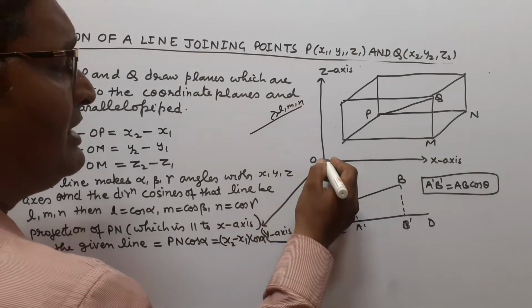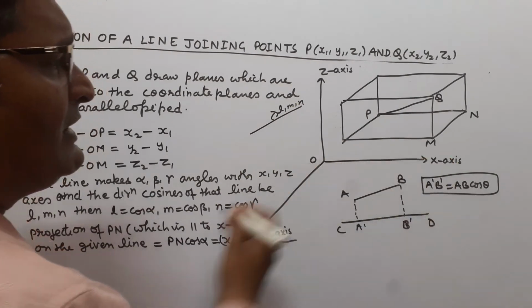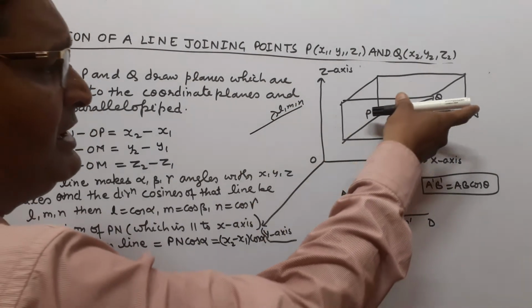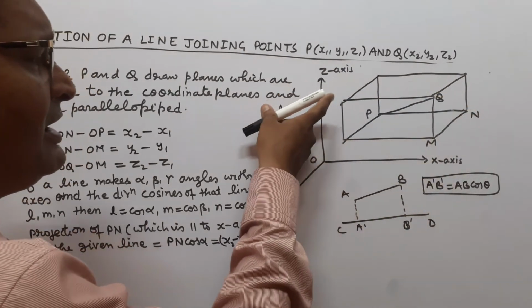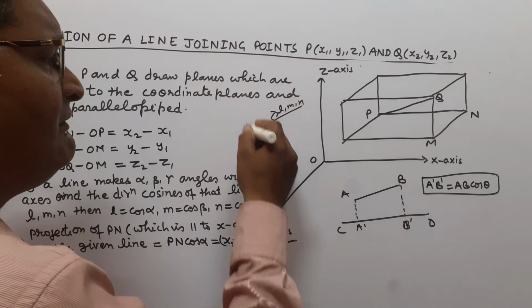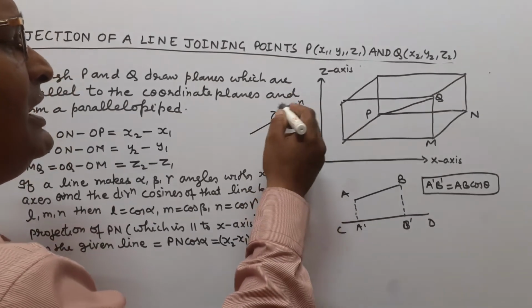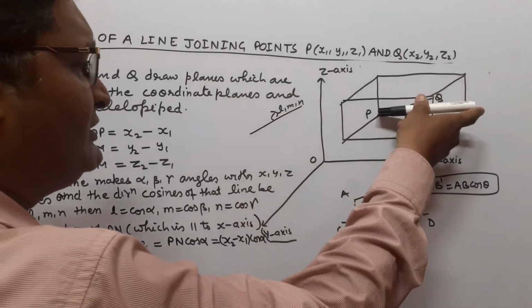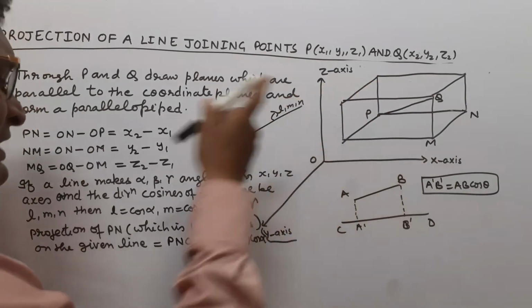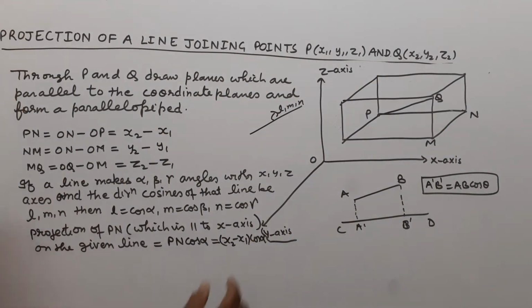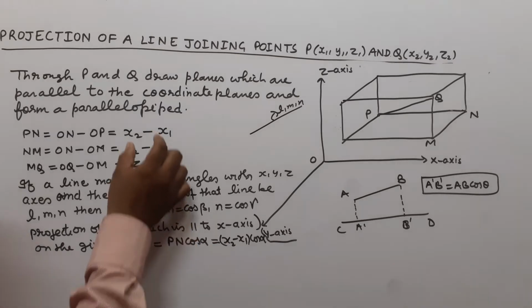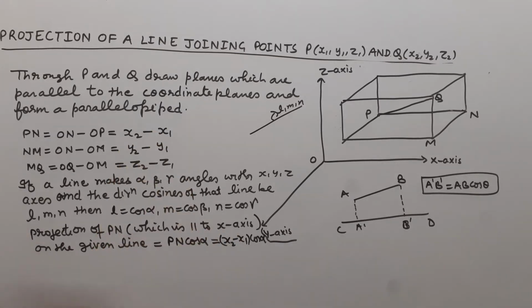This line makes angle alpha with the positive direction of the x-axis, and PN is parallel to the x-axis, so PN also makes angle alpha with the given line. So the projection of PN on the given line is PN cos alpha, which is (x2 minus x1) cos alpha.